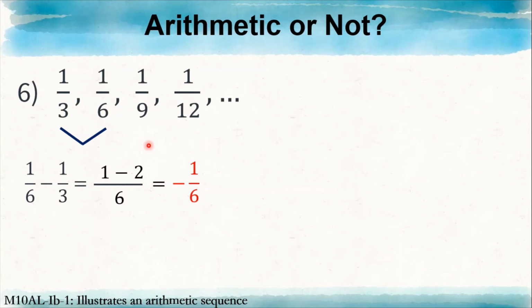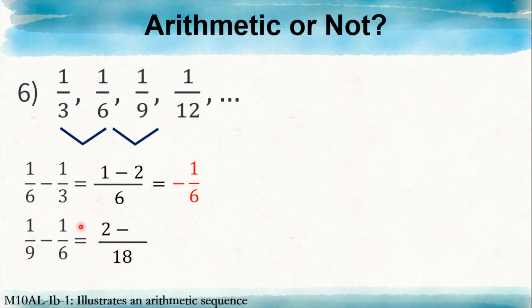Now let us try the next two terms. So third term minus the second term, or we have 1/9 minus 1/6. So again, we have to find the least common denominator. In this case, the LCD is 18. Let's do the same process. 18 divided by 9 is 2 times 1.